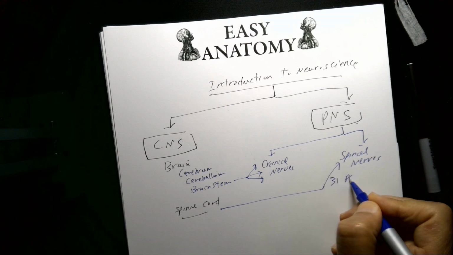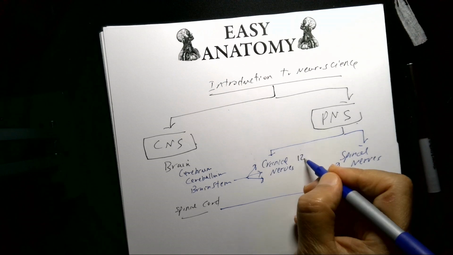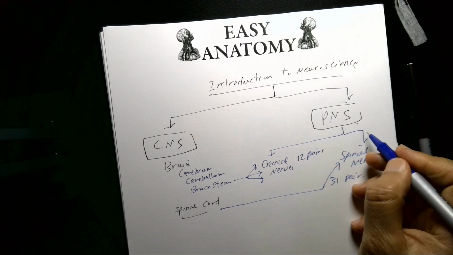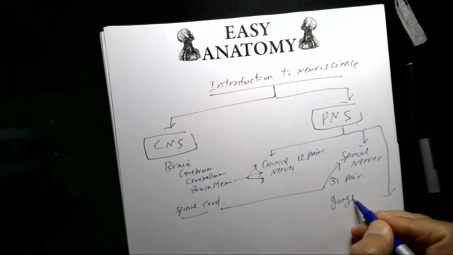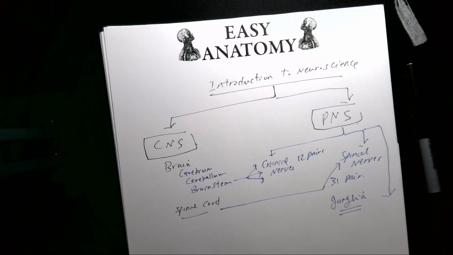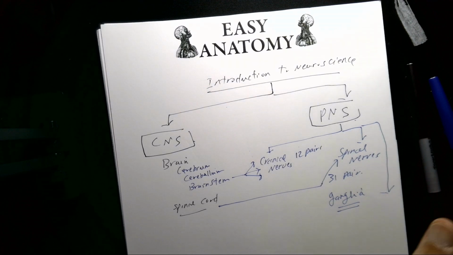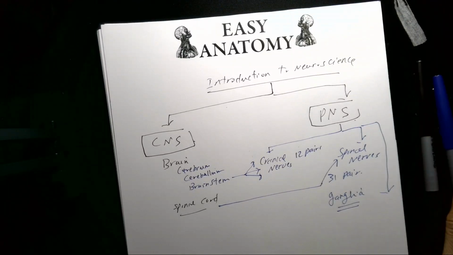In addition to that, we have ganglia, which is an accumulation of nerve cells outside the CNS. So basically this is the general component of the nervous system.